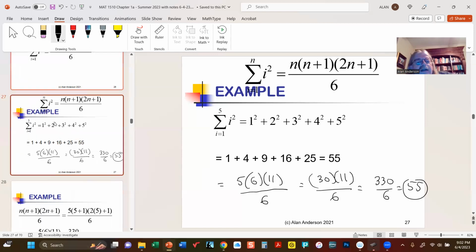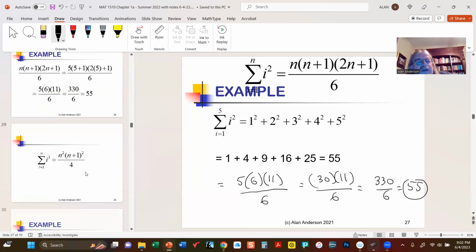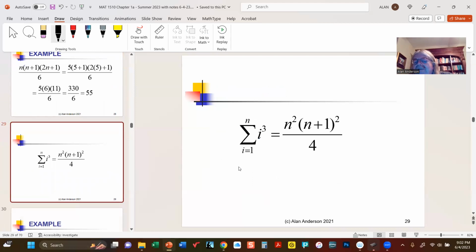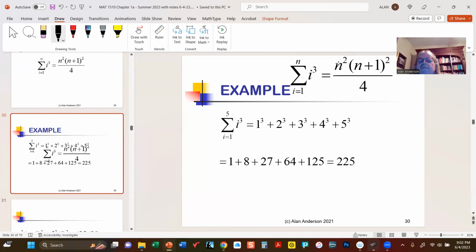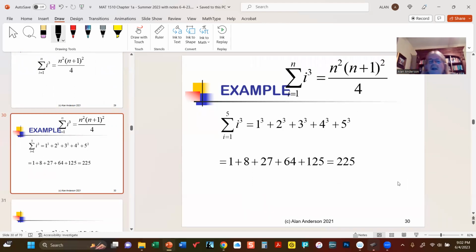All right. And there are others too, like there's one for i cubed. There's one for a lot of the standard formulas. This one is n squared, n plus 1 squared over 4. Let me put this up here to remind you. So yes, you can individually cube these terms and add them up. But let's see what would have happened if we use this formula: 5 squared, 5 plus 1 squared over 4.